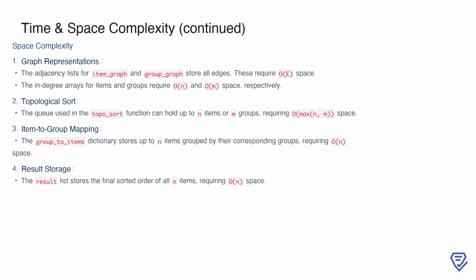During the topological sorting process, we use a queue, which can hold up to n items or m groups at any given time, adding another max of n and m space requirement. Additionally, the group-to-items dictionary maps items to their respective groups, which requires n space. Finally, the result list stores the final sorted order of all n items, contributing another n to the space complexity.